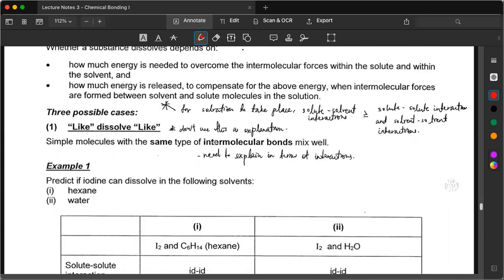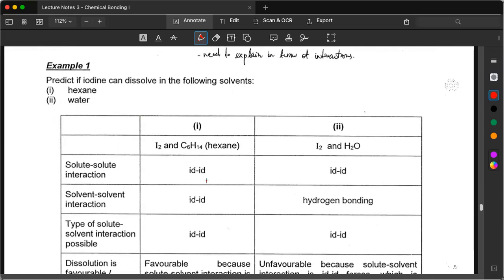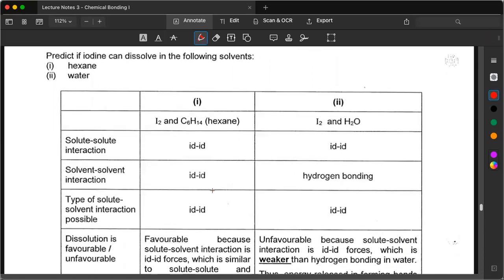So like dissolves like. If we have simple molecules with the same type of intermolecular bond, they mix well. So for example, hexane as a solvent, iodine is non-polar, hexane also non-polar. So ID-ID for solute-solute interactions, solvent-solvent interactions is ID-ID. So this is a solute.